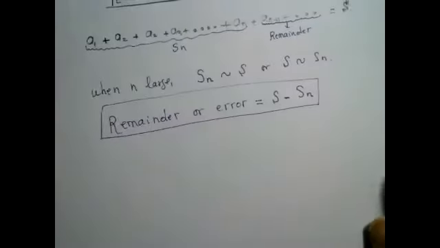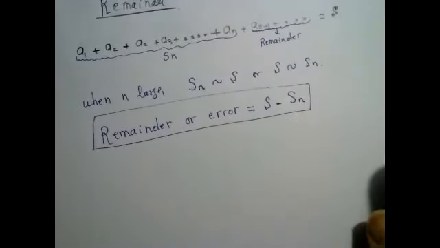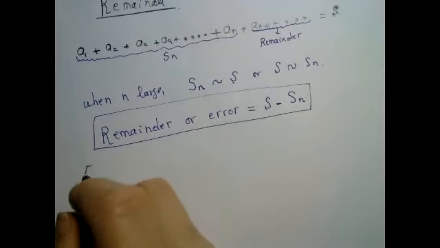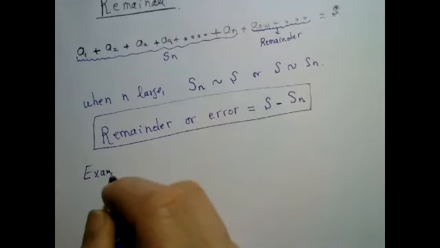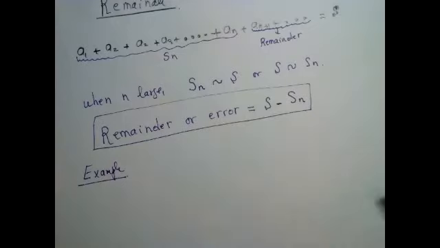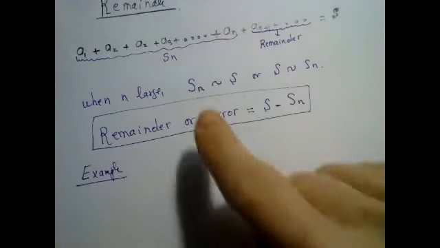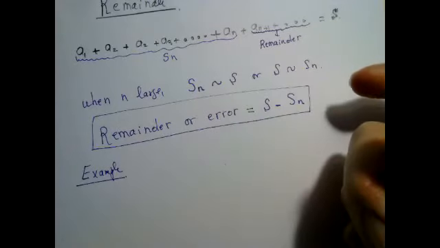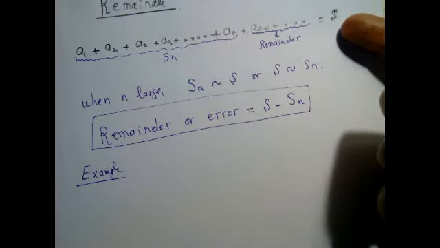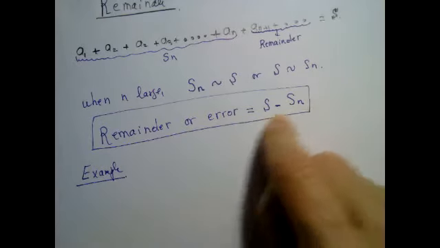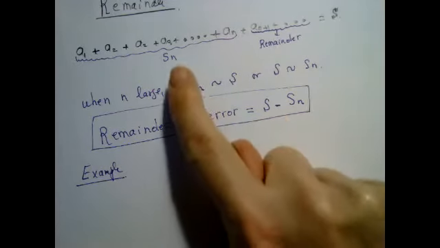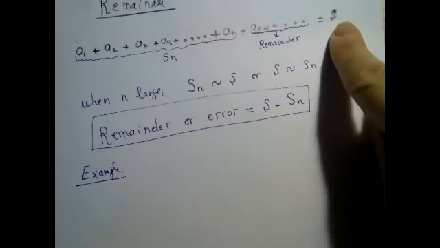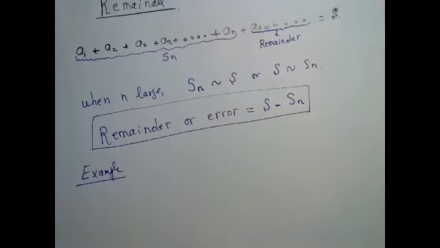So let's see, for example, I'm going to work first with a series that we know, and then we talk about 30. Basically the remainder means that suppose I use the first 100 terms to approximate the whole sum. There is an error in the estimation. I'm not really getting exactly the value. The remainder is basically this error. What's the error obtained when I use the nth partial sum to approximate the whole sum? That's really what the remainder is.